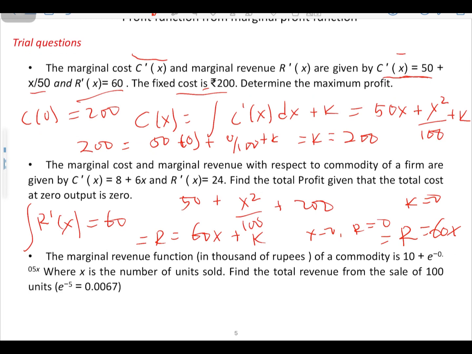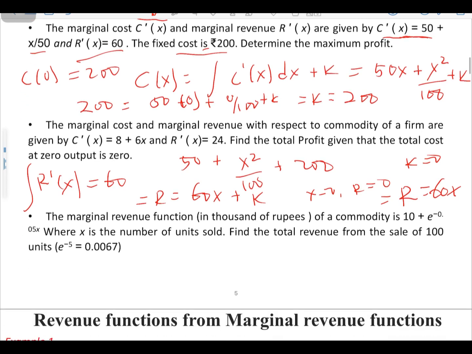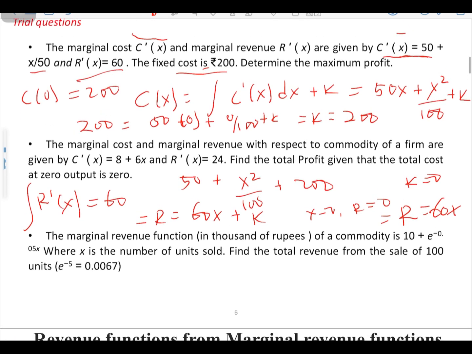So you just have to subtract the cost function from the revenue function. When you subtract the cost function from your revenue function, you are going to get the value of the profits, right? So now my profit P is equal to my total revenue minus my total cost.